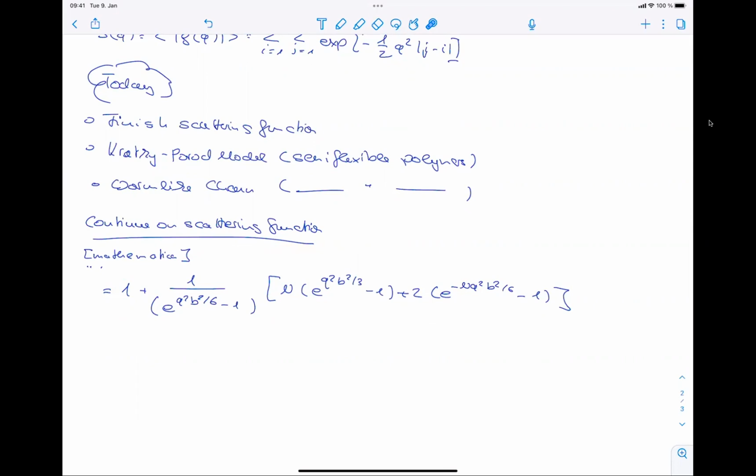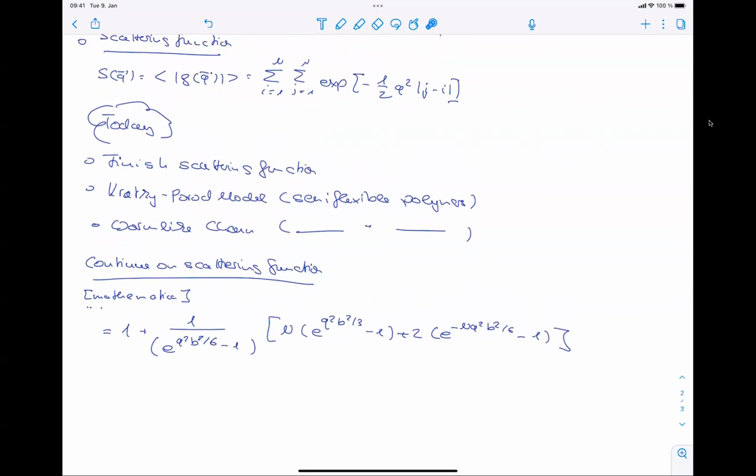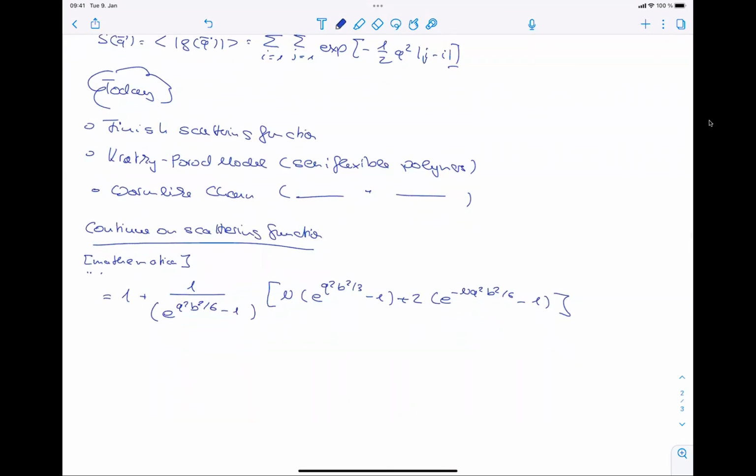It's important to remind ourselves that what we put into calculating the scattering function is the assumption that this is a Gaussian, that we're in the Gaussian limit, and therefore it's not true for all values of Q, but only at length scales much larger than the bond length. That's why I will go through taking limits appropriately, to make sure we're only interpreting what's really physics-based in this mathematical expression.